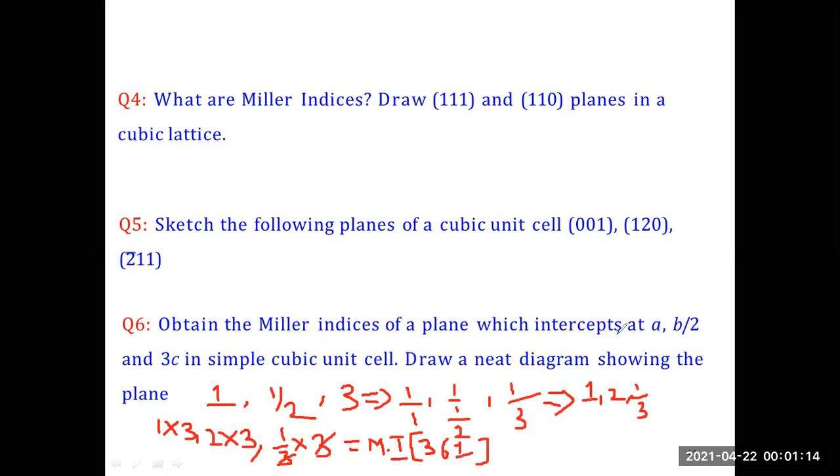The Miller indices of the plane with intercepts a, b by 2 and 3c are found to be 3, 6 and 1. Like this, in the examination, he will ask you different intercepts for finding out how the Miller indices can be evaluated. I think you got a very clear idea about what we have done, right?